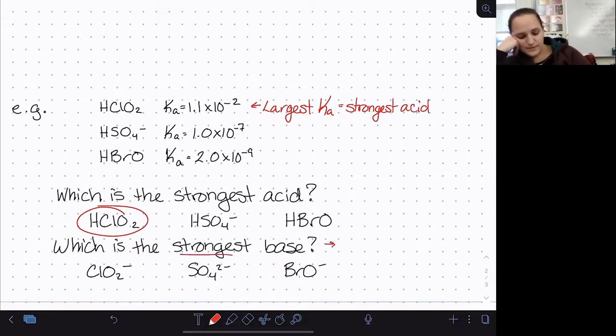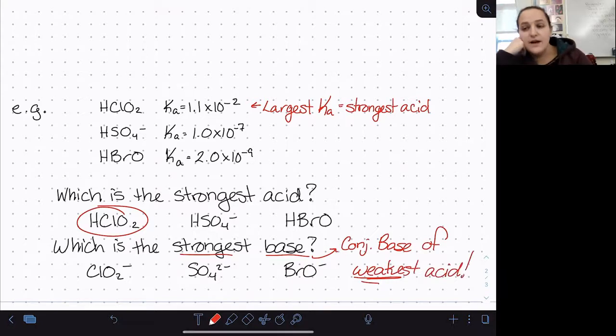So the strongest base is going to be the conjugate base of the weakest acid, since we have an inverse relationship between the acid and conjugate base strength.